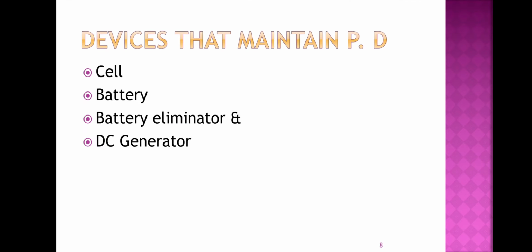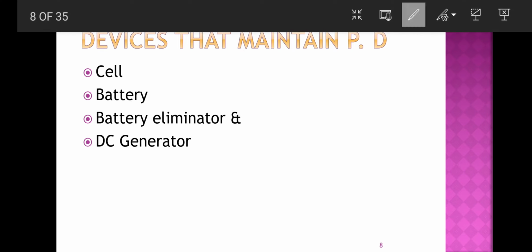So let me explain to you how we get DC voltage. These are the devices which produce DC voltages. What are they? Cell.